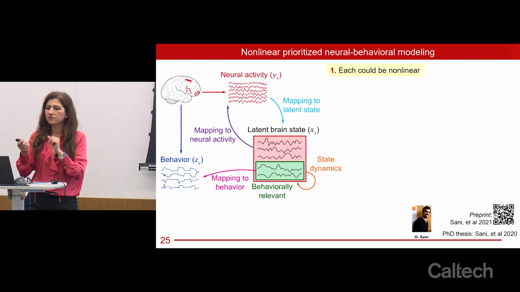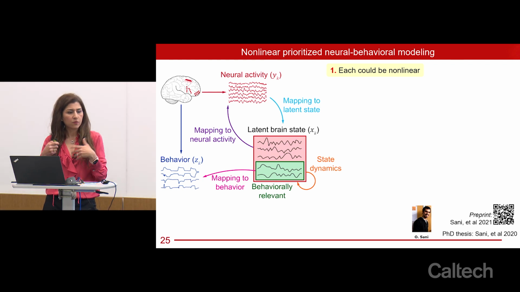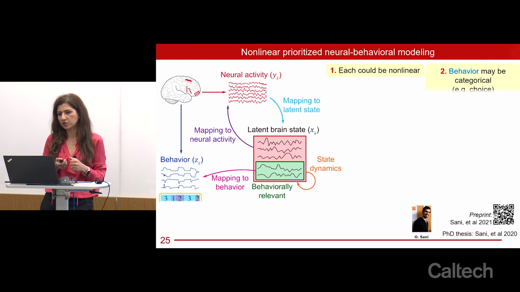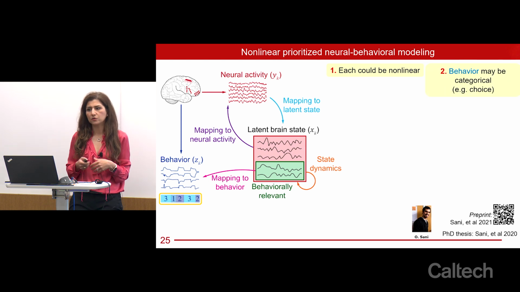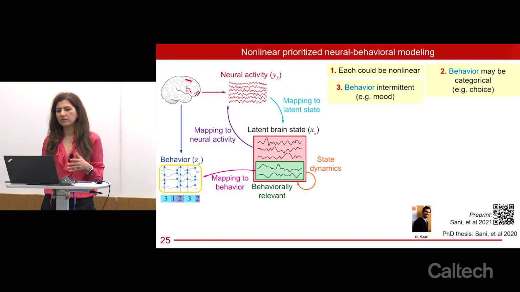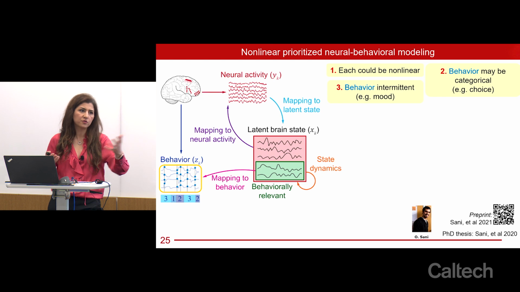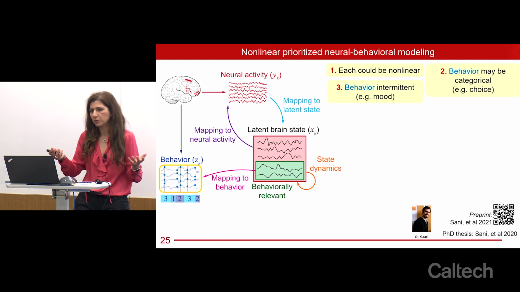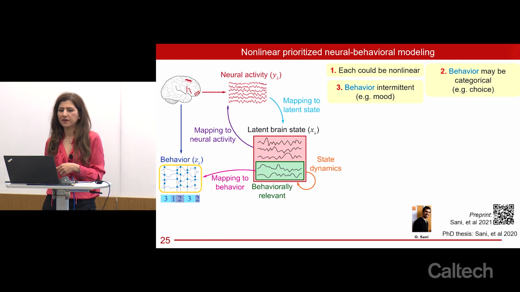So we made each of these mappings linear or nonlinear. We wanted to allow that capability to make them linear or nonlinear independently of each other. We also wanted to, as I alluded to, allow for categorical behaviors, and finally for behaviors that are intermittently available, let's say self-reports or mood self-reports that you may be interested in when you're talking about affective neuroscience.